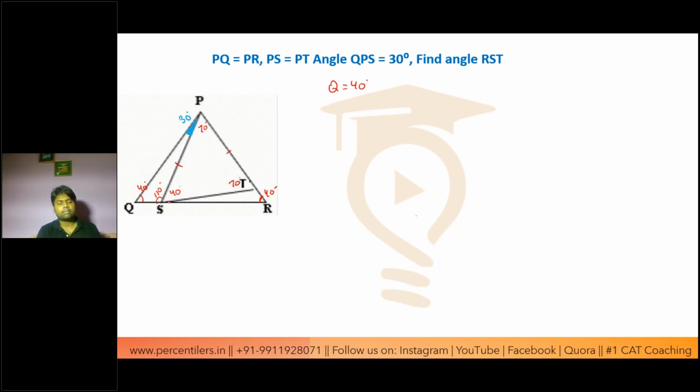So I have 110 and 40. कुछ गलत किया क्या? PS equal to PT, PQ equal to PR.